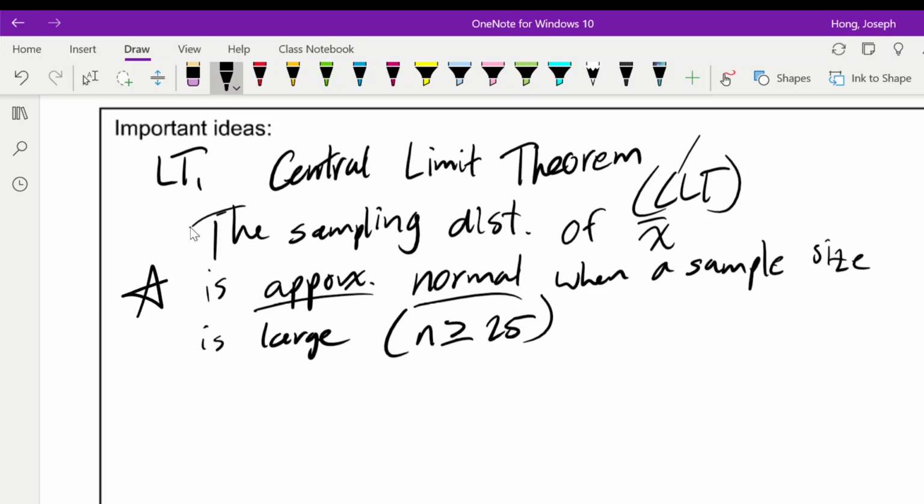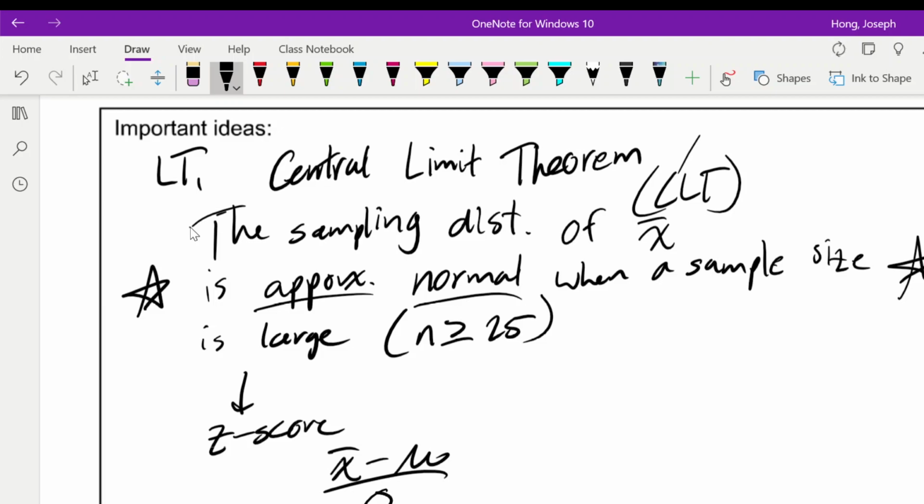This is super big because if you can assume that, or it's approximately normal, then we can use the z-score, which is x bar minus mu divided by the standard deviation. Then you're going to find the z-score.